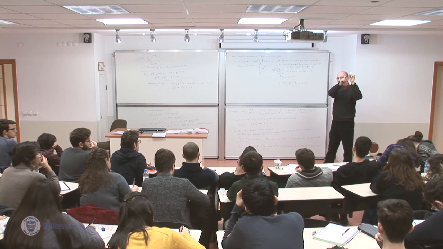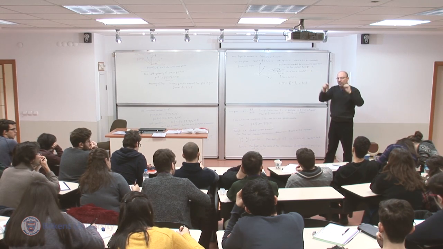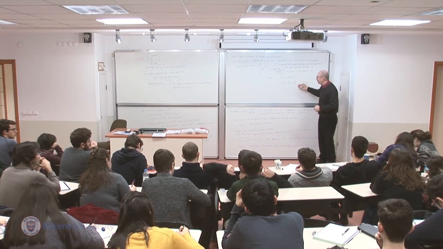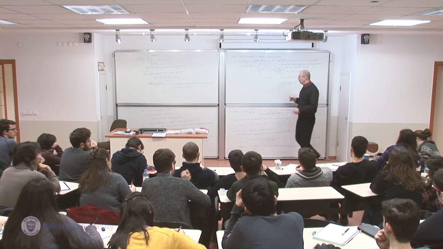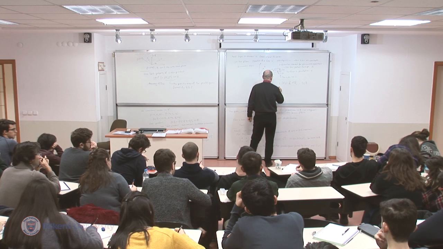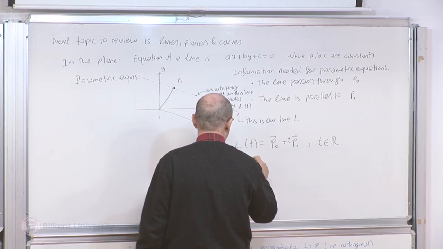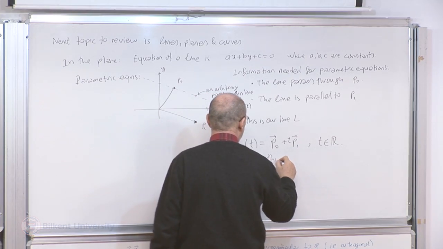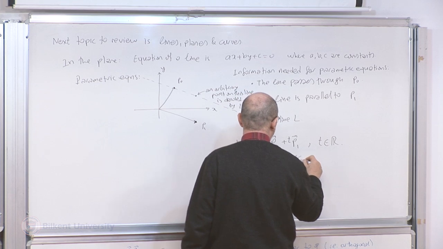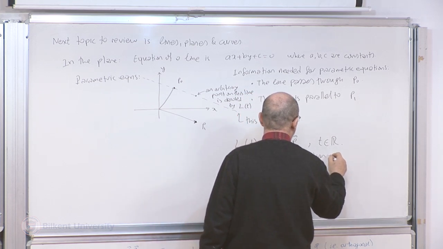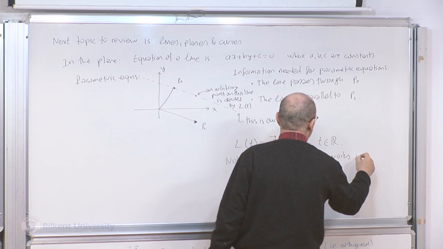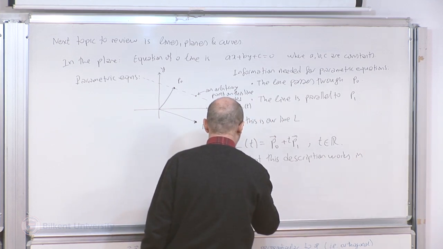So first go to this point, then follow the direction of the other vector, and the expression will be given like this. So note that this description works in any dimension.